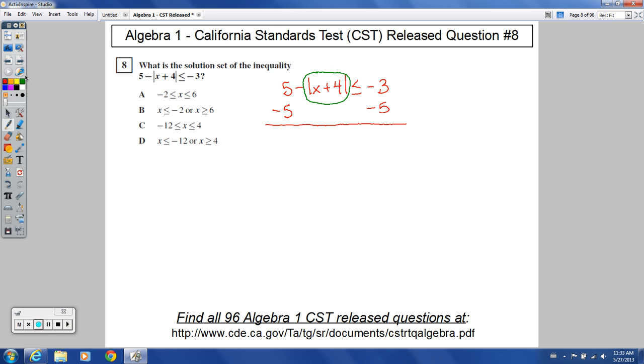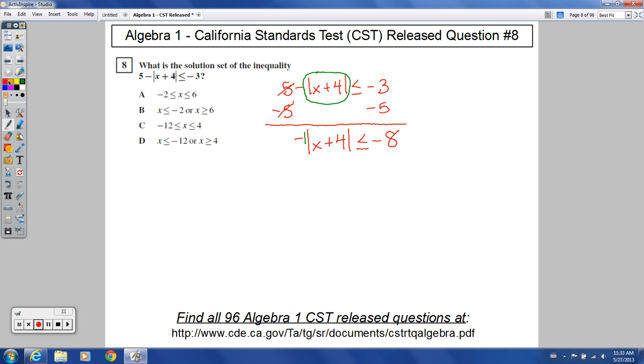I'm trying to get this standing alone by itself. Subtracting 5 from both sides, that would cancel out there and there. I'd be left with a negative absolute value of x plus 4 less than or equal to negative 8. From here, I don't want this negative on the outside. Think of this as an invisible 1 in front.